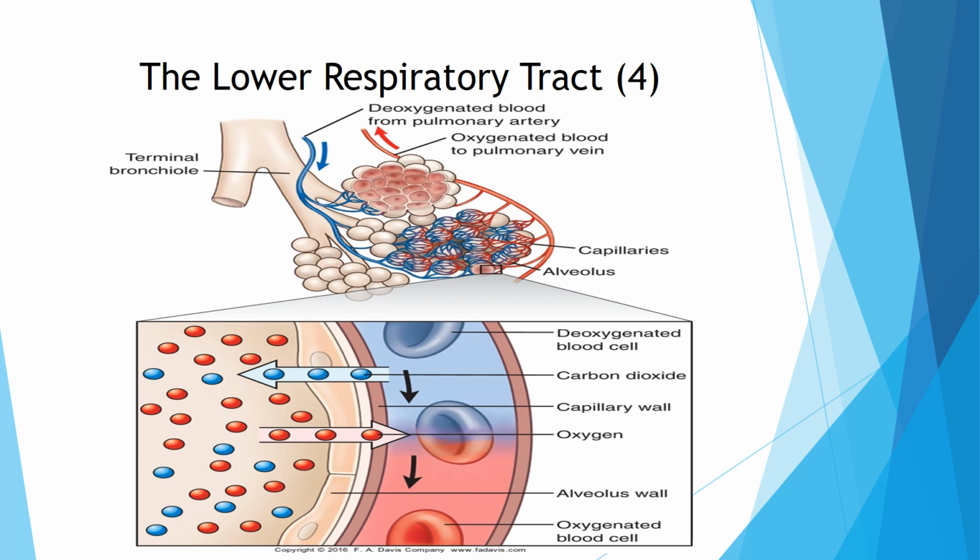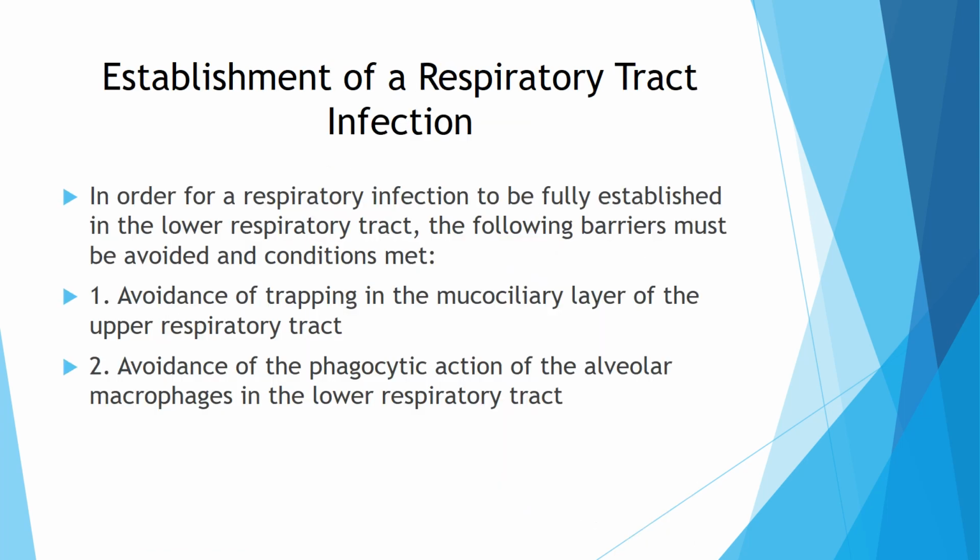And here what you are seeing is that exchange at the alveoli wall, the exchange of gases. In order for a respiratory infection to be fully established in the lower respiratory tract, the following barriers must be avoided, and these conditions must be met.